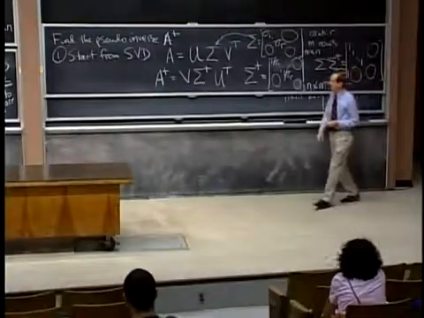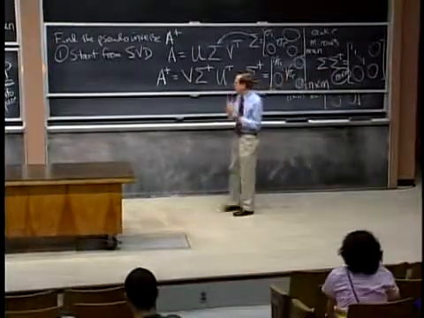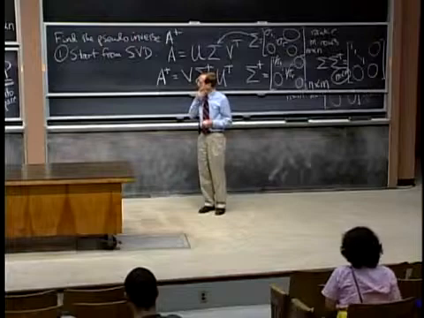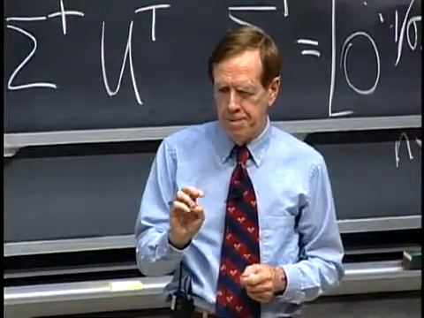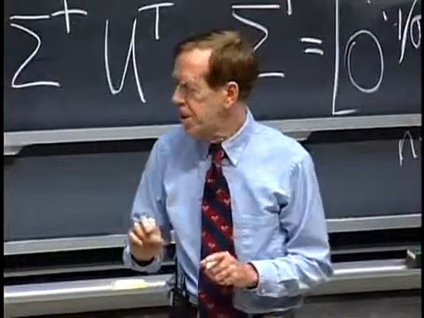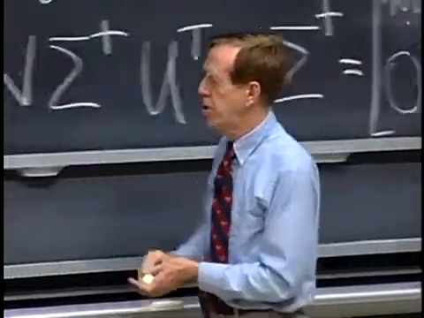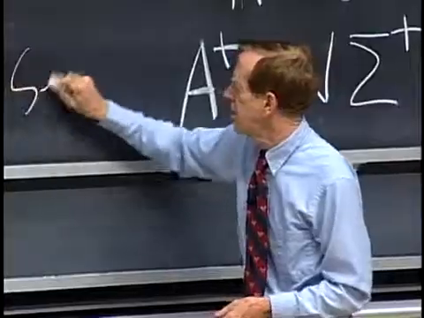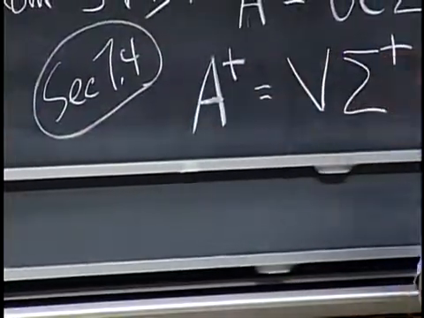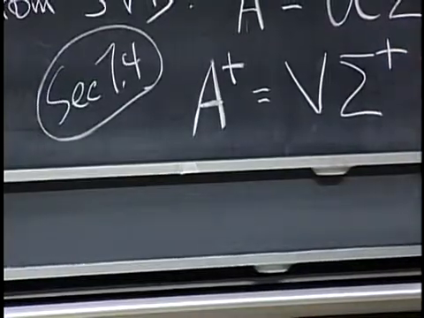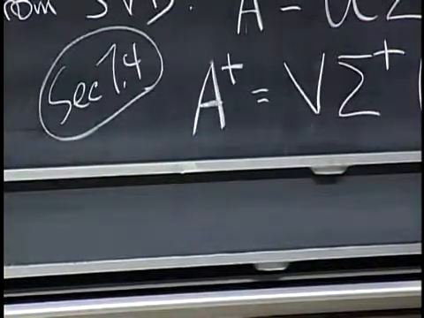Okay. So I guess I'm hoping, pseudo-inverse again. Let me repeat what I said at the very beginning. This pseudo-inverse, which appears at the end, in section 7.4, and probably I did more with it here than I did in the book.